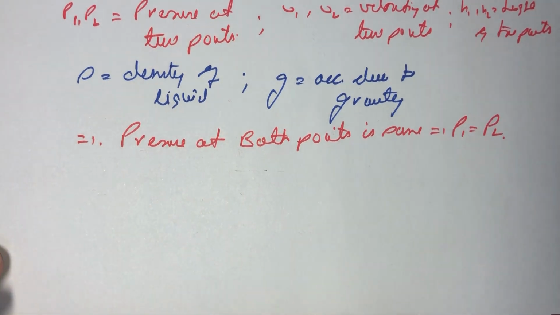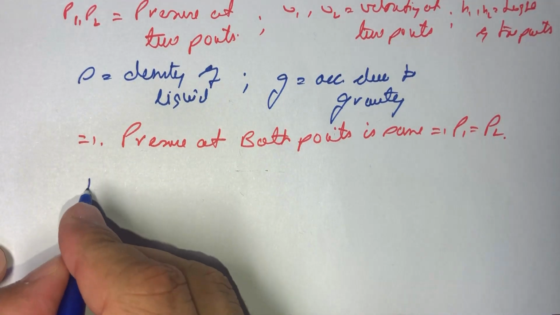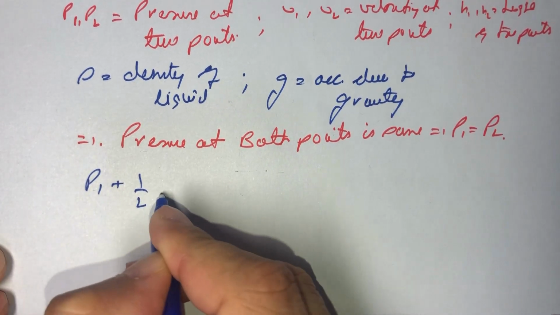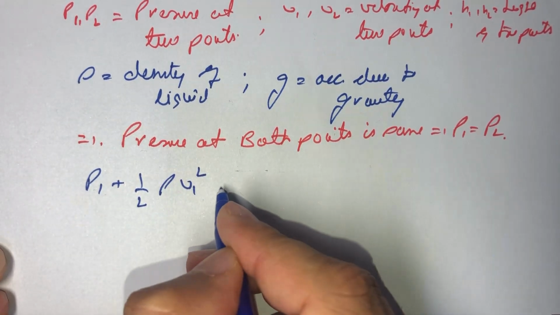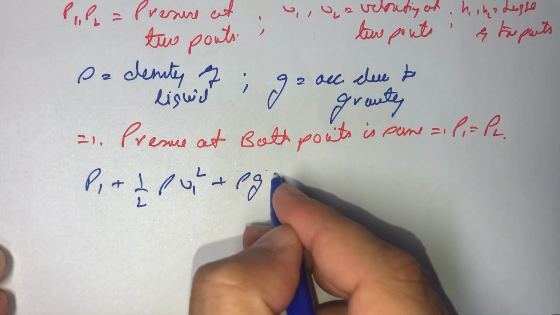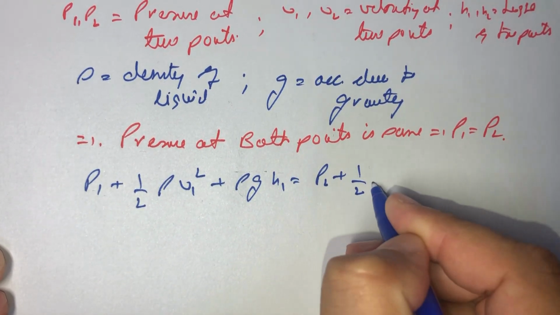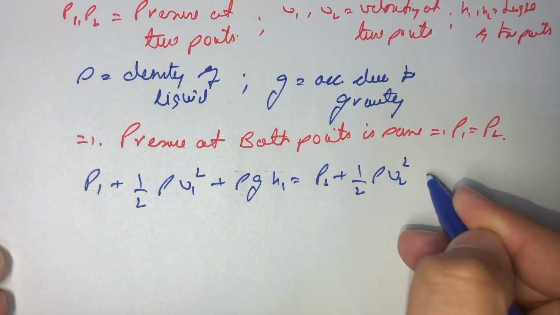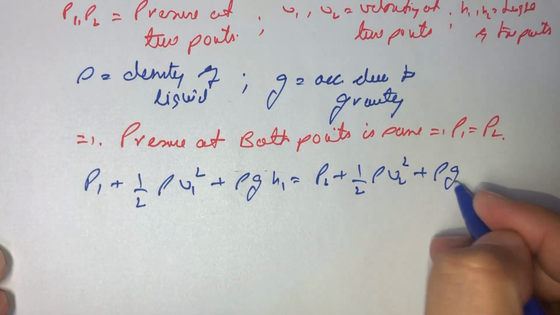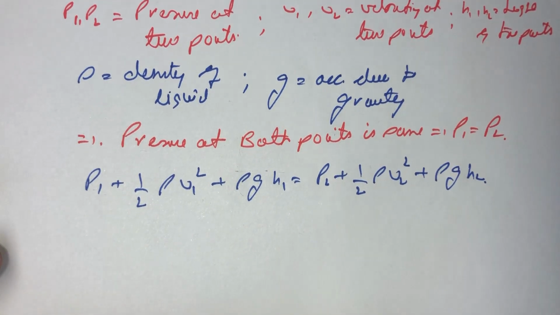Let me write this equation once again: P1 plus half rho V1 square plus rho g H1 is equal to P2 plus half rho V2 square plus rho g H2.